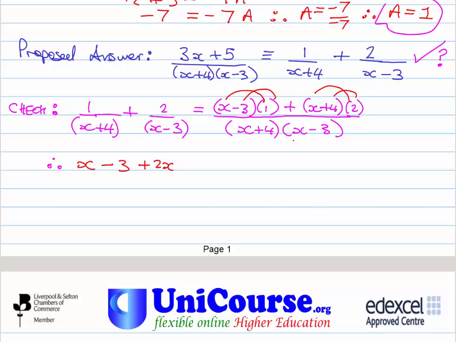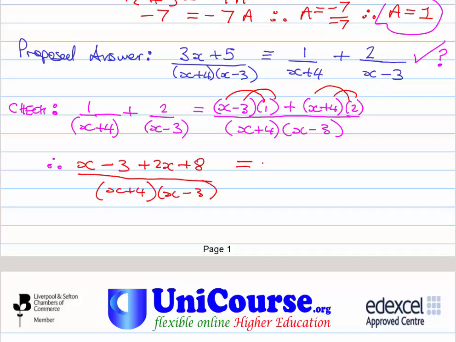We've got that 4 times that 2 gives you 8, and that's all sitting over x plus 4 times x minus 3.